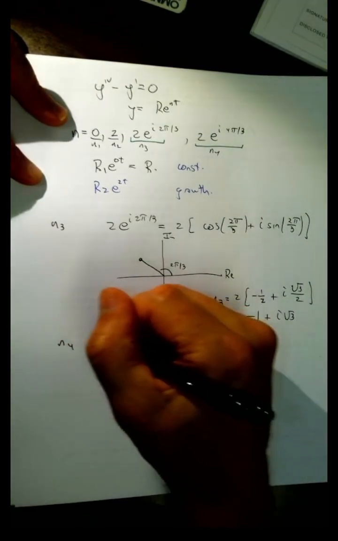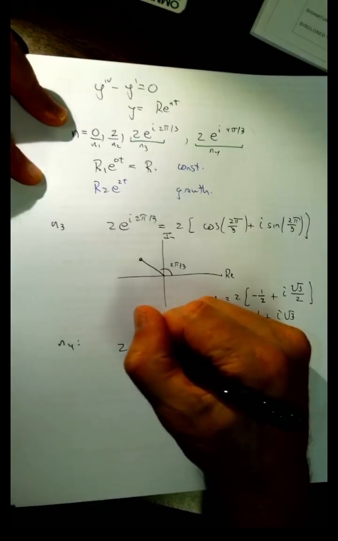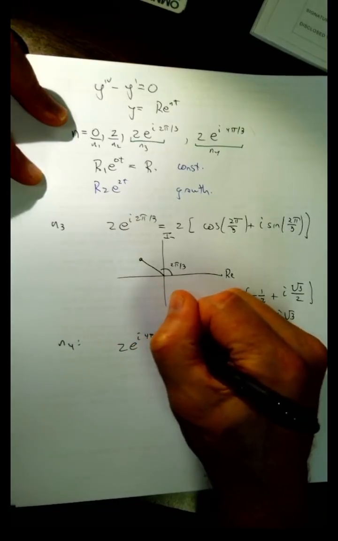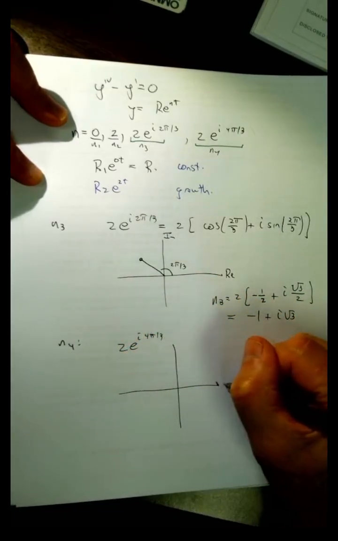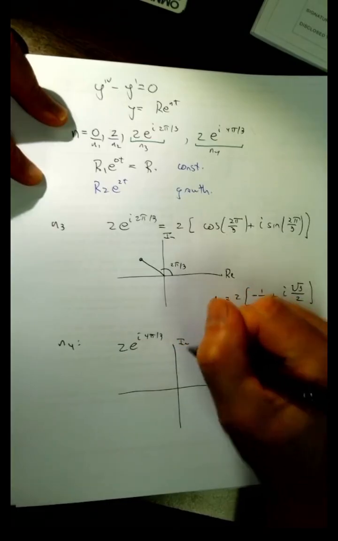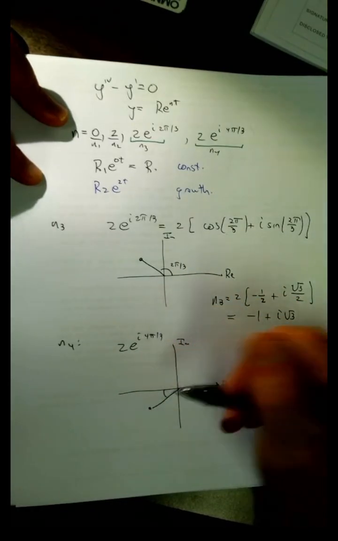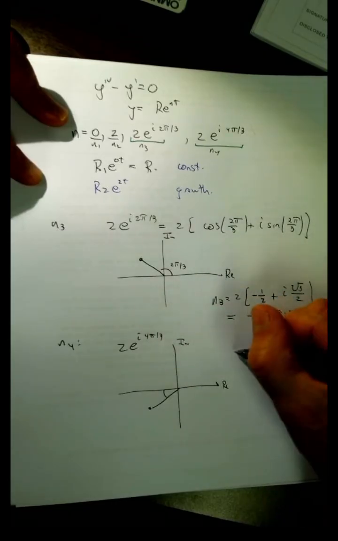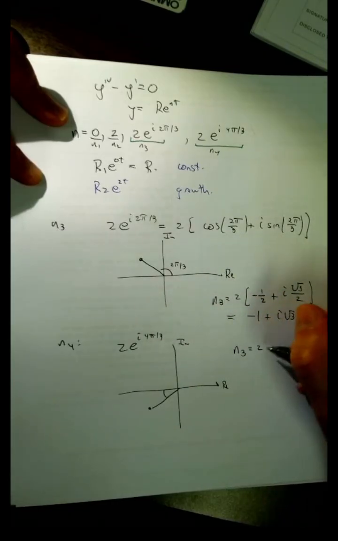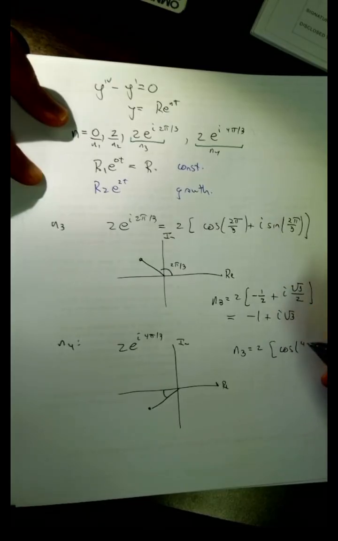And now for N4, I have 2 e to the I 4 pi over 3. This is going to be in the third quadrant, and the reference angle is now going to be pi over 3. This is going to be 2 cosine of 4 pi over 3 plus I sine of 4 pi over 3.